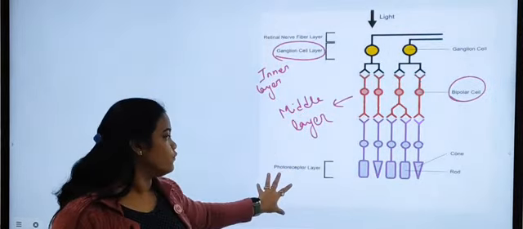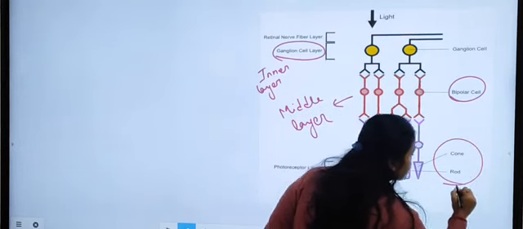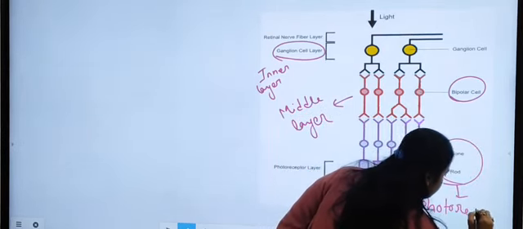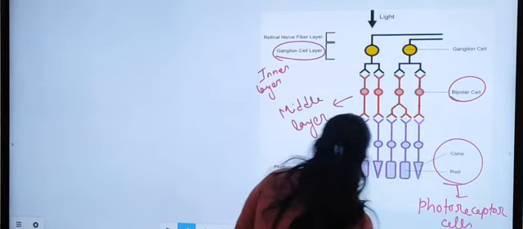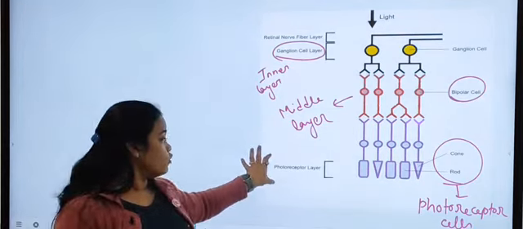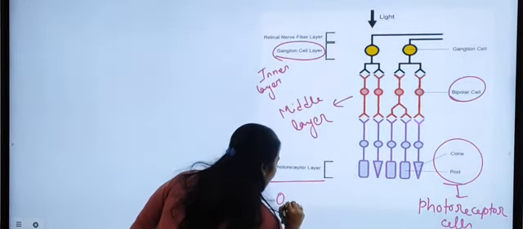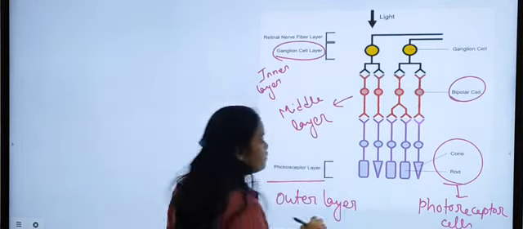Now the third one is made up of the photoreceptor cells, and this is known as the photoreceptor layer, which is the outer layer of the retina.